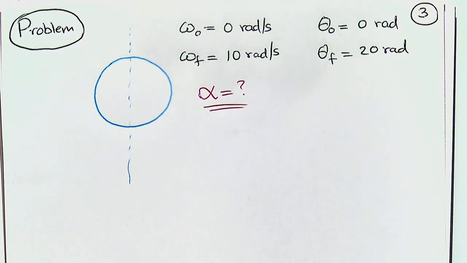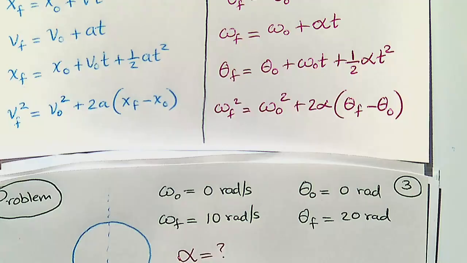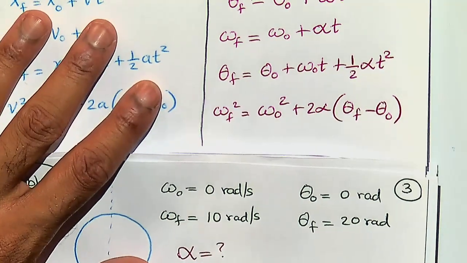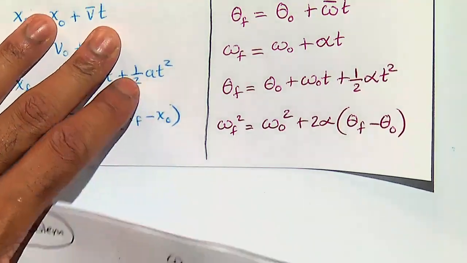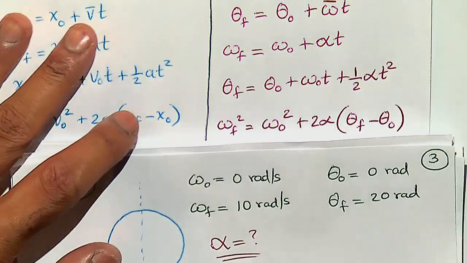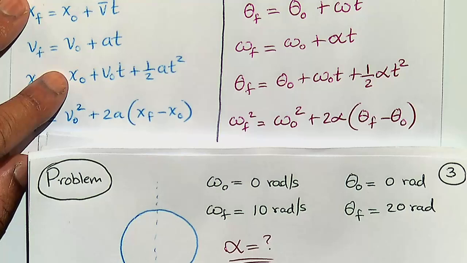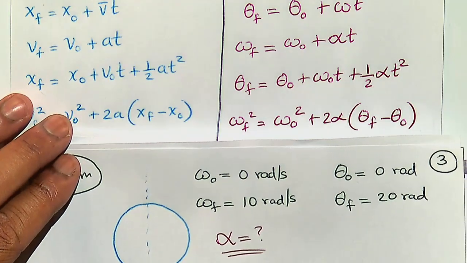I'm going to pause here and have you think about this for a second before I do it. I have the kinematic equations up here at the top. Which one would you use to find acceleration?